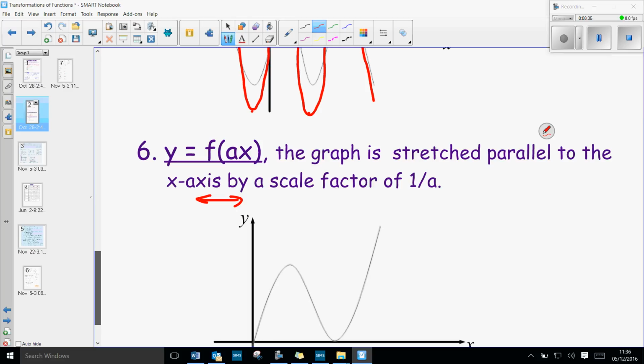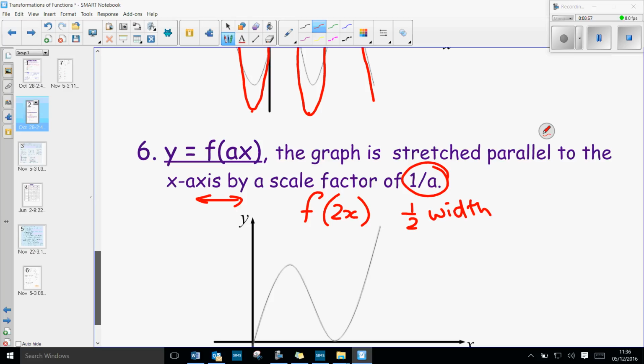But notice the scale factor is actually 1 over a. So for example, if we had a function of f of 2x, then the original graph would be half of the width of the first one.